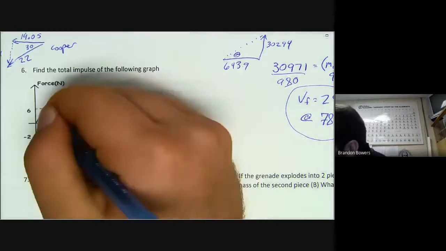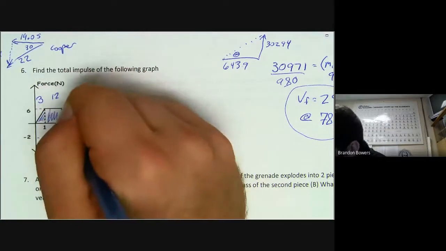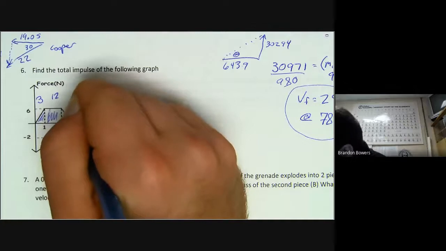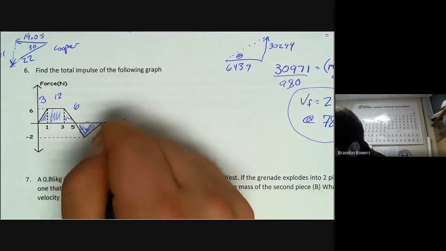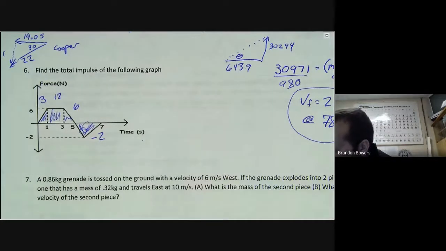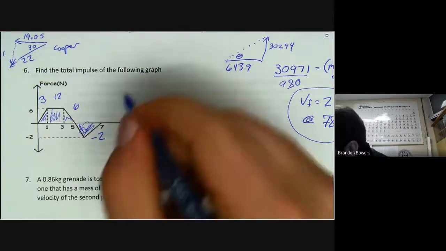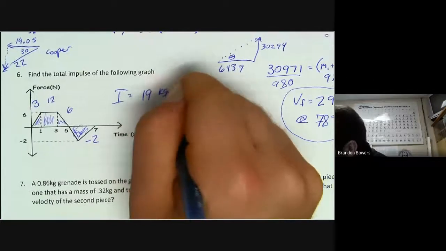The area for the first triangle, I got 3. For the rectangle, I got 12. For the other triangle, I got 6. And for this triangle, I got -2. If you combine all of those numbers, I got 19. The impulse is 19 kilogram meters per second.